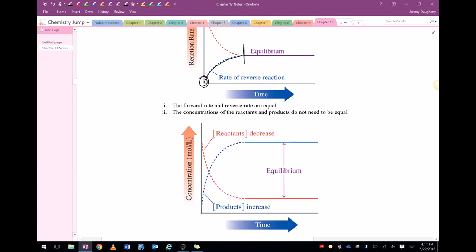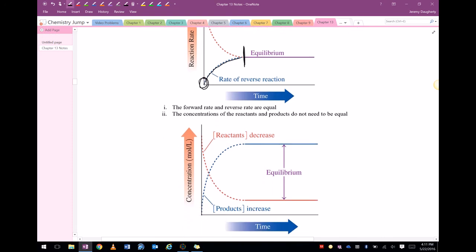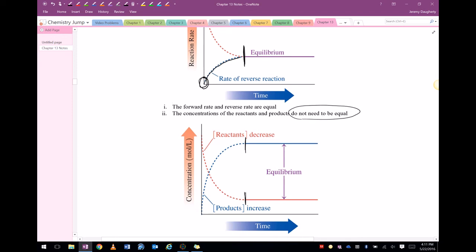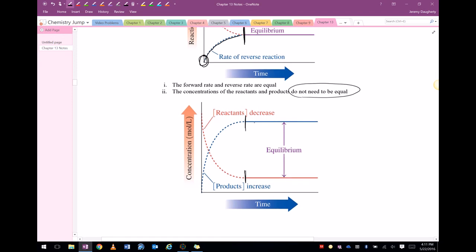Now at that point, when the forward and the reverse rates are equal to each other, the concentration of the reactants and the concentration of the products no longer change. But that doesn't mean they have to be equal. So here we can see we've reached equilibrium because the products are no longer changing, and this is molarity, which is concentration. The reactants are no longer changing.